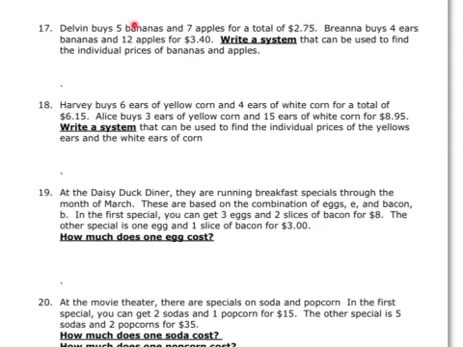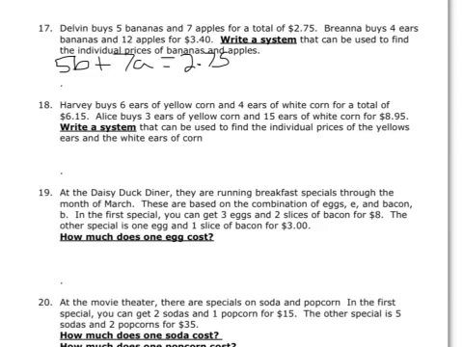Alright, so now we're looking at bananas plus apples and what they were sold for. So that gives me two things together equal that as a total. And these two sets of things equaled $3.40 for a total. Okay, so we have 5 bananas plus 7 apples equal $2.75.